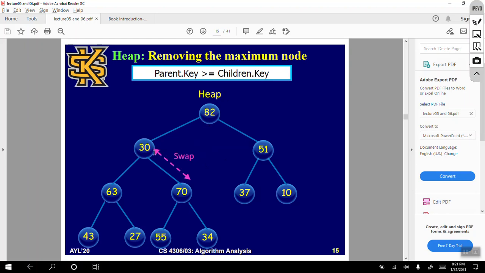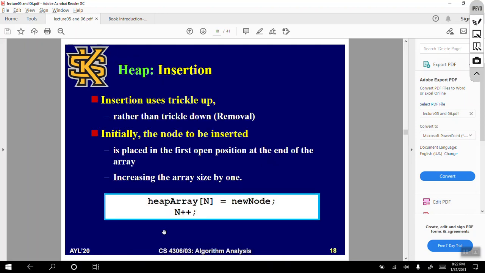So 13 needs to be swapped, either with 63 on the left or the right. So 30 is swapped with 70 for now, and then again this 30 will be swapped with 55.